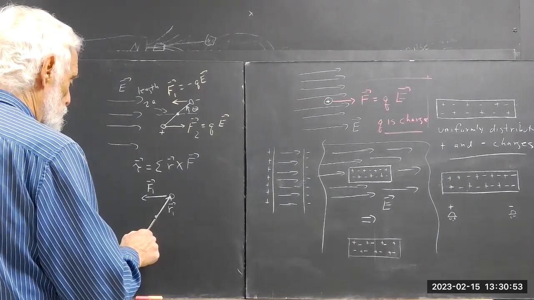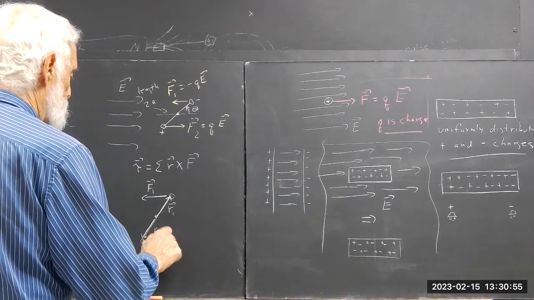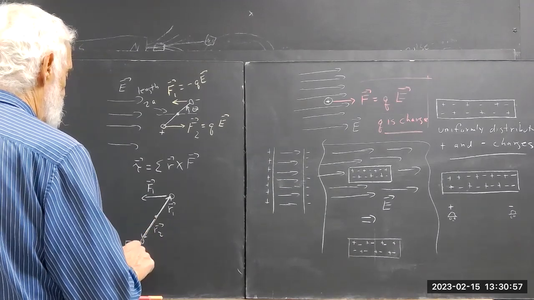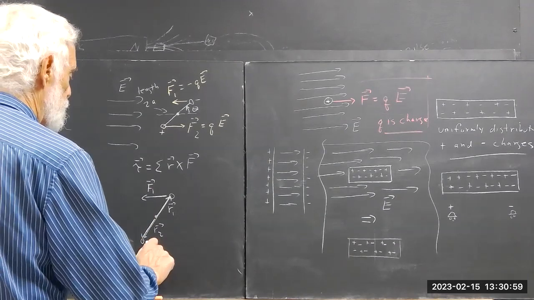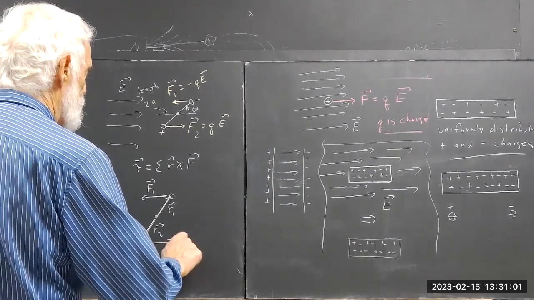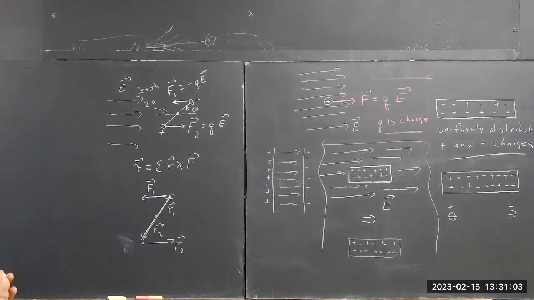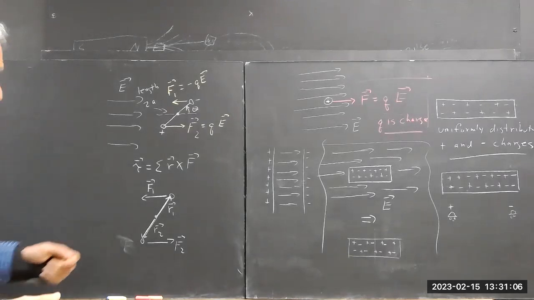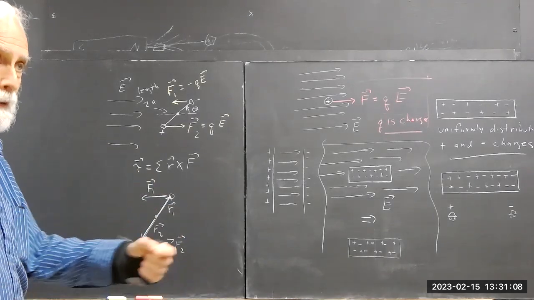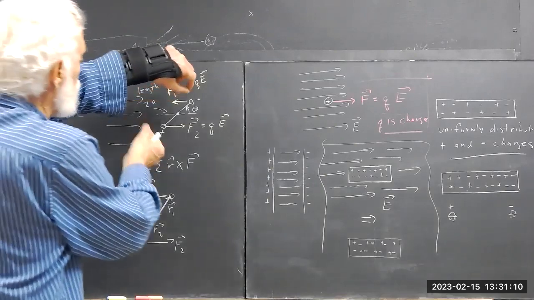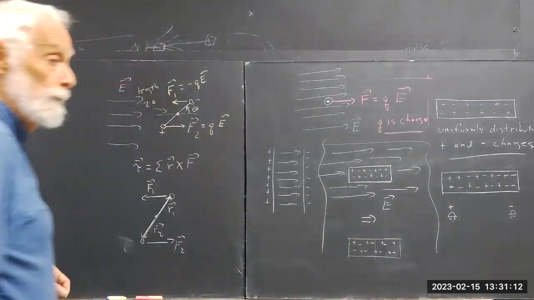Okay, then we've got R2 and F2. Okay, and R2 cross F2 also tends to rotate it counterclockwise. In other words, these two forces are going to join and tend to make it rotate.